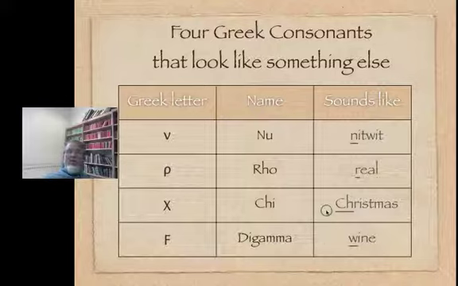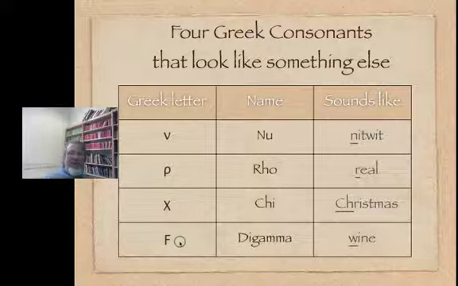You'll know it in Christmas, psyche, psychology, and chorus. All the CHs that aren't "ch", but instead are K in English, they come from this. You can pronounce it a hard K if you want to, but it really isn't. It's much more like a K with air let out around it.